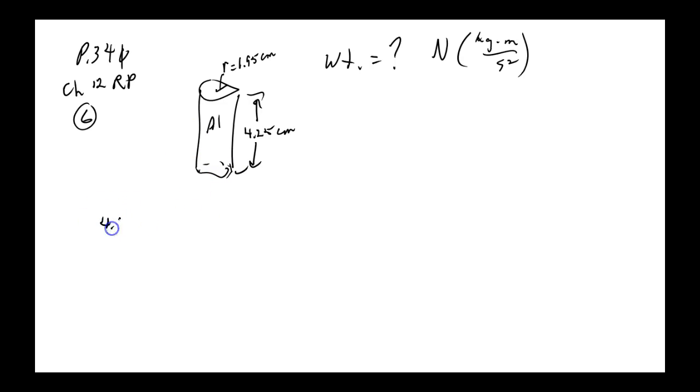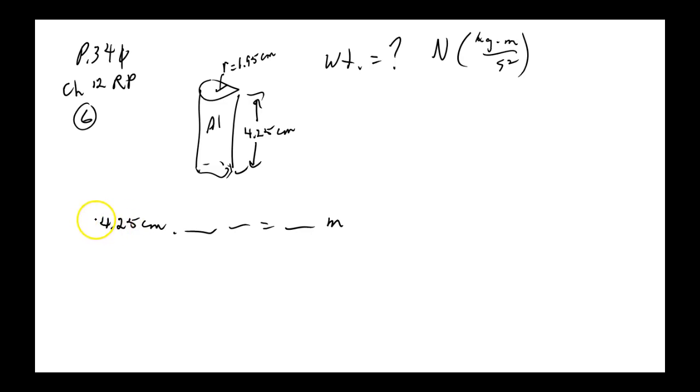So 4.25 centimeters. You might know how to make a conversion right now without having to do these. You just move the decimal. How many places which way? 2 places to the right. No, 2 places to the left. Absolutely.